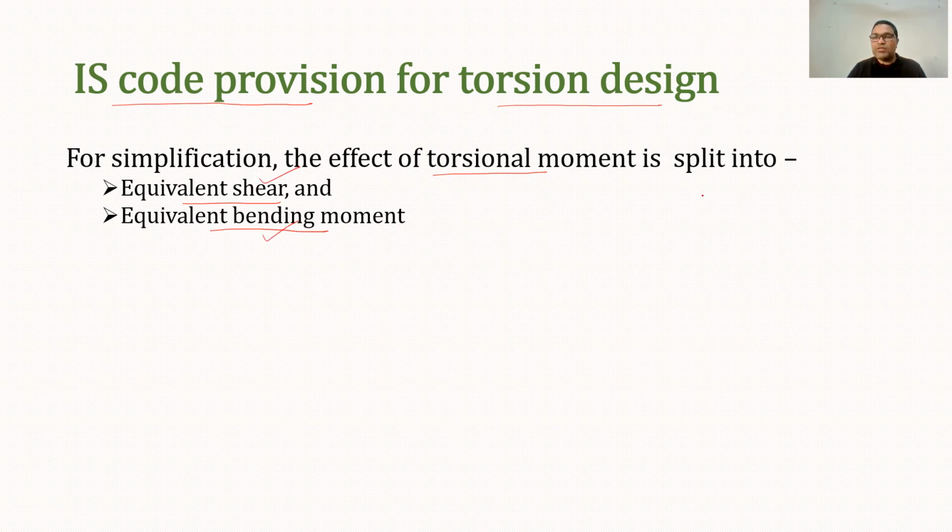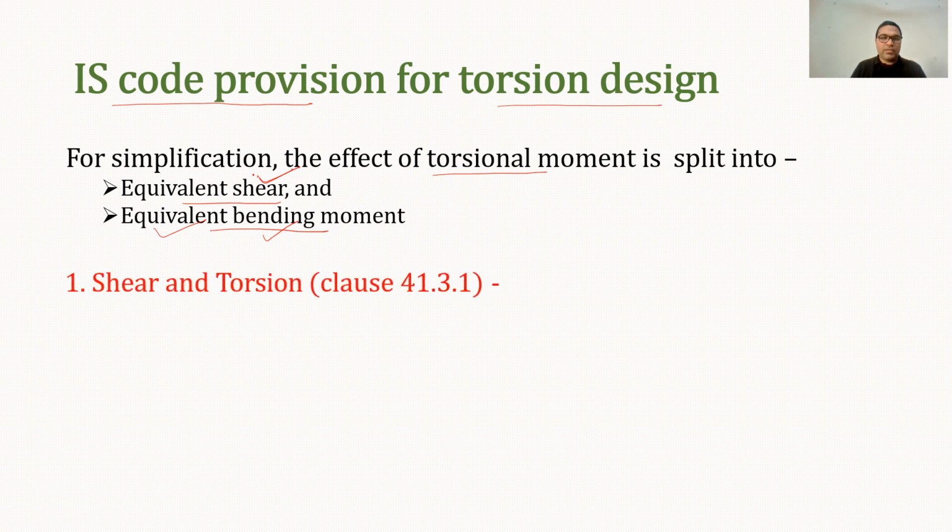So the bending moment which a beam is subjected to, we add some effect of torsional moment and the product is known as equivalent bending moment. Similarly, for the shear force, we add the effect of torsional moment and call it equivalent shear force. Now, the formulas for equivalent shear force and equivalent bending moment are given in the IS code. So we will now talk about that.